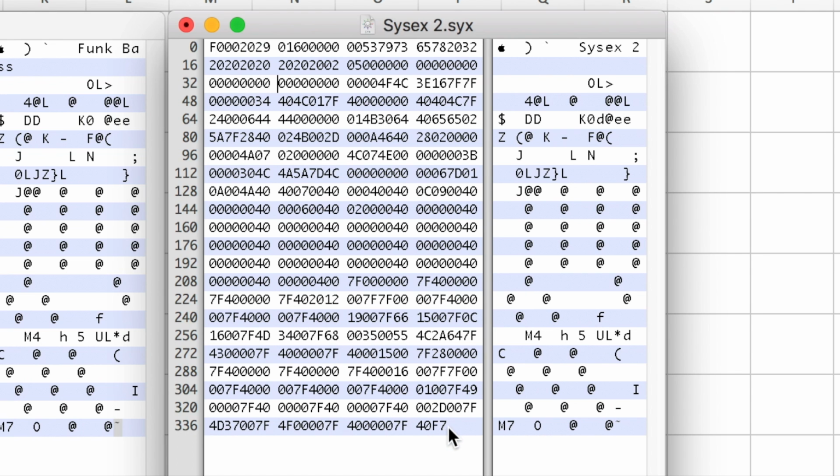And now that 40 F7 is right there in the byte that it's supposed to sit in. And I've also been able to change the name of this file to Sysex 2. And now if you send that to someone else, that's going to display properly.